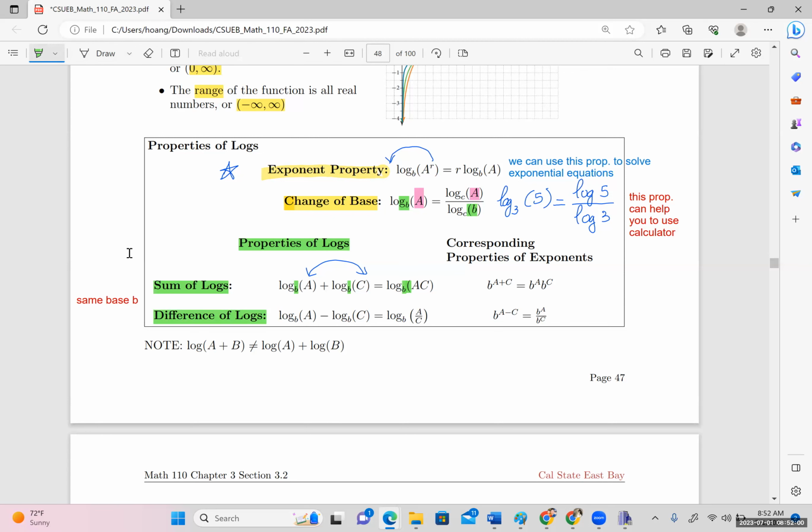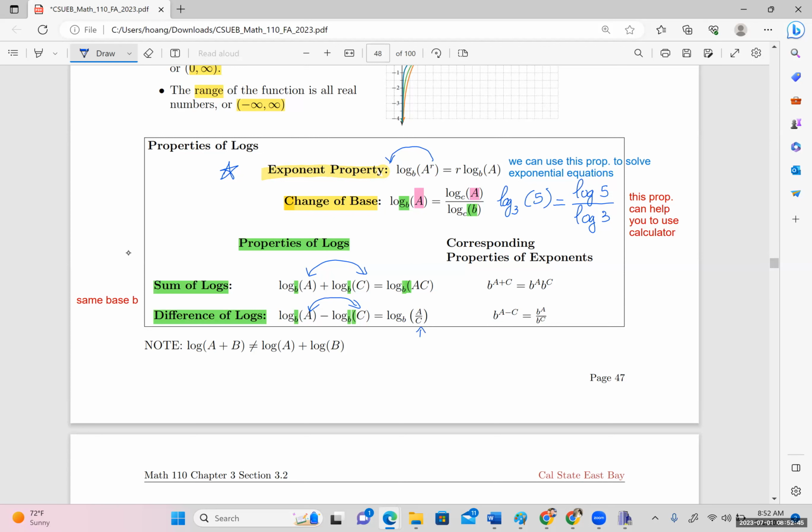And the difference of logs will be the subtraction between two logs, and you keep in mind that you still have the same base, but now instead of getting a product between A and C, you will have a fraction form, A over C. And the log that has a negative in front of it will have its argument at the bottom, C now.